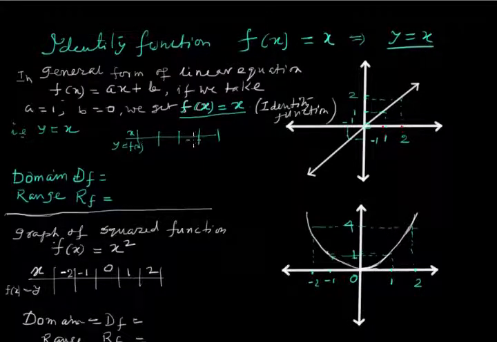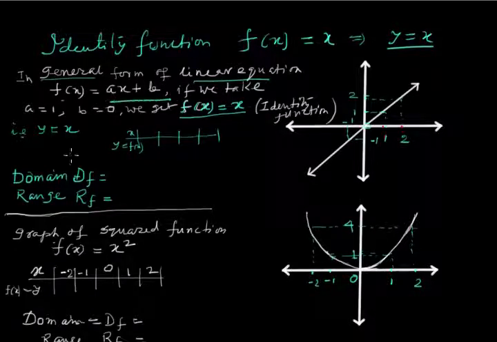This concept comes from the general form of a linear equation ax + b, where you take a as 1 and b as 0. So you get f(x) = 1 times x, that is x + 0, so f(x) = x.